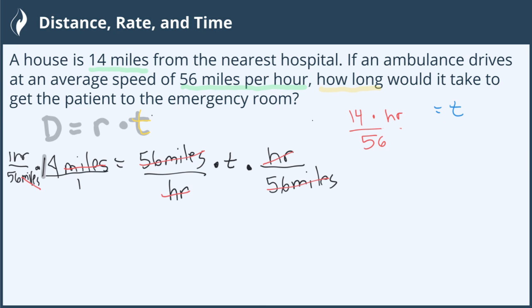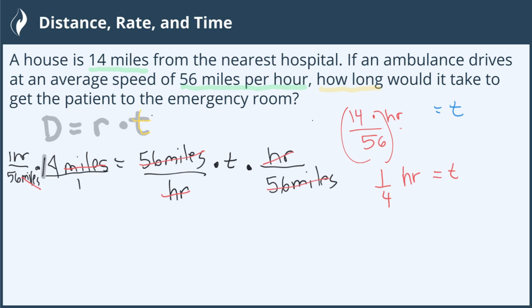This is times an hour, and 14 over 56 reduces to 1/4 of an hour. So that's the amount of time it's going to take for them to get from the house to the emergency room: 1/4 of an hour.